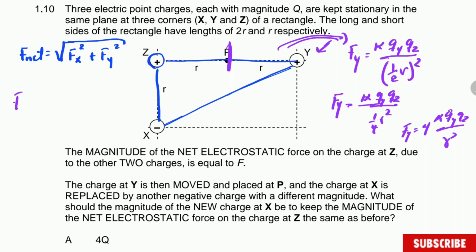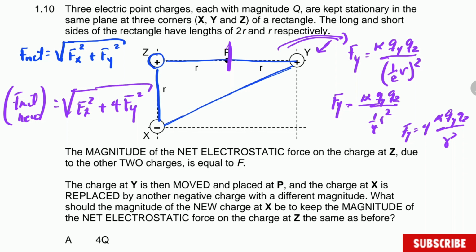So the new F net is equal to the square root of Fx squared plus 4 times the initial Fy squared. Now the question said, what should the magnitude of the new charge X be? What would the magnitude of the new charge X be so we can keep this constant or the same?